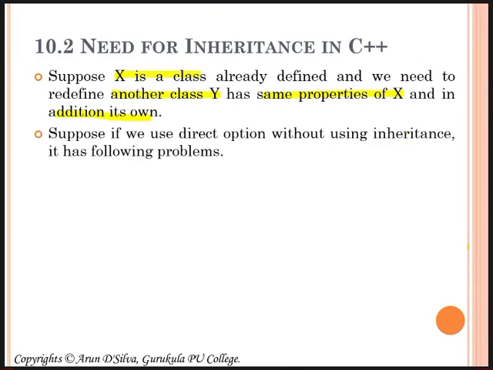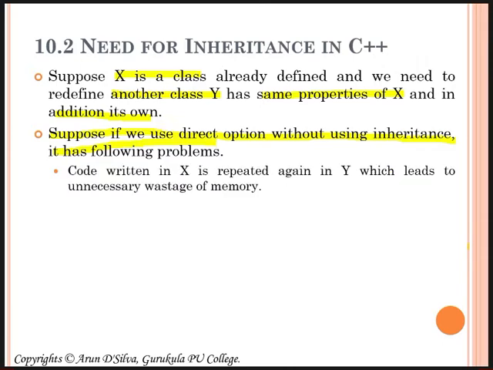Now, suppose we use the direct option without inheritance, then what are the problems we may face? First one, the code written in X is repeated again in Y, because the properties of X will be used in Y also.